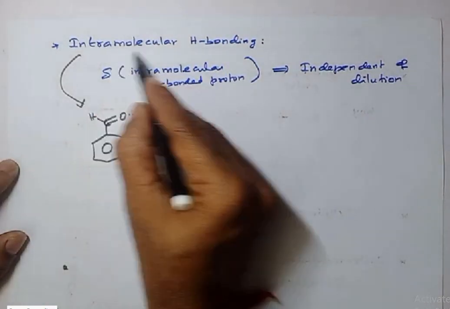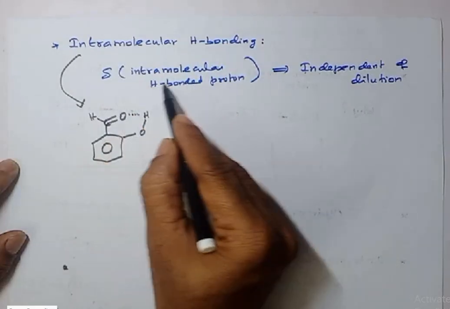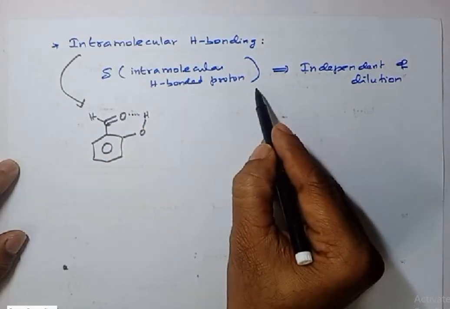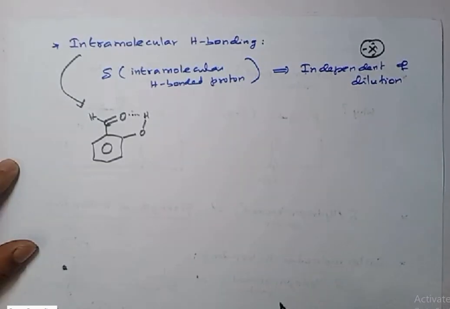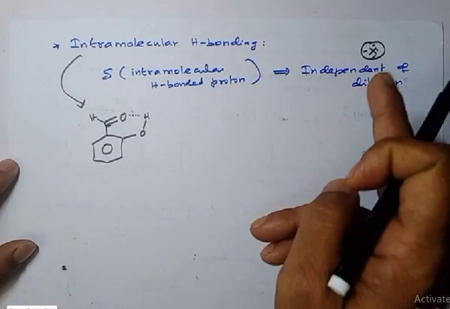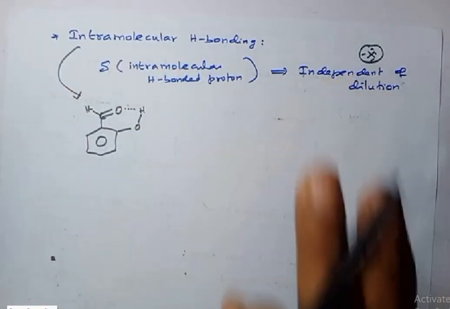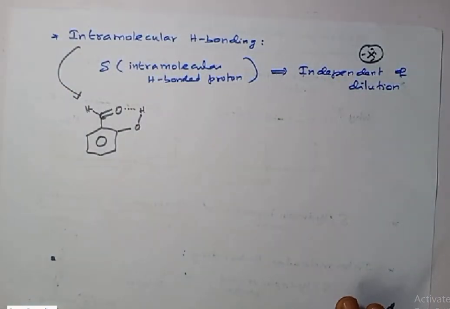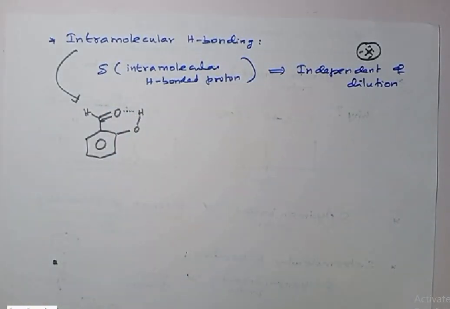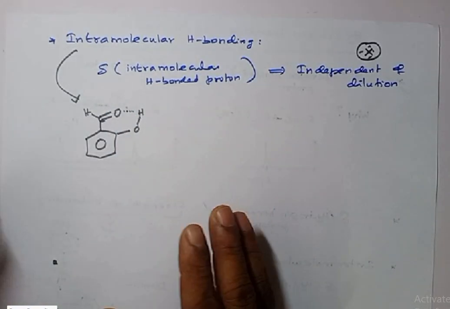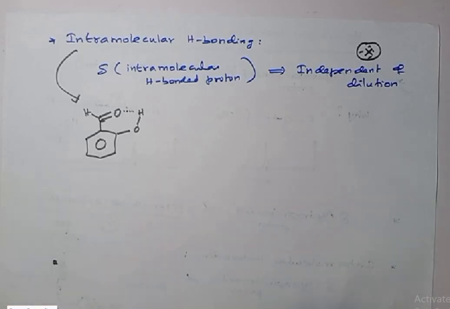So in the case of intramolecular hydrogen bonding, the chemical shift of the intramolecular hydrogen bonded proton is independent of dilution. Even if you dilute the solution, nothing is going to happen. So we can very easily distinguish whether the hydrogen bond is intermolecular or intramolecular.